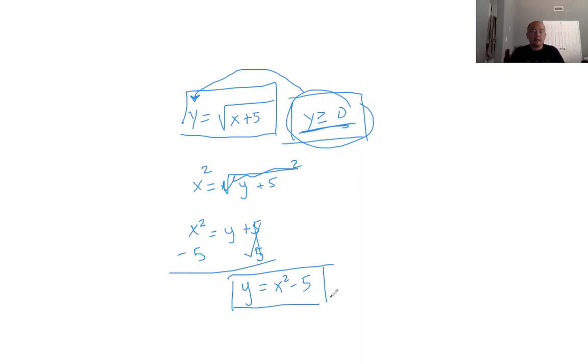Okay, so I hope that helps with these problems. Let's go to the bottom half of this worksheet, 19 through 23. I'm going to do number 20. You want to get the f of g of x, and you want to get the g of f of x.